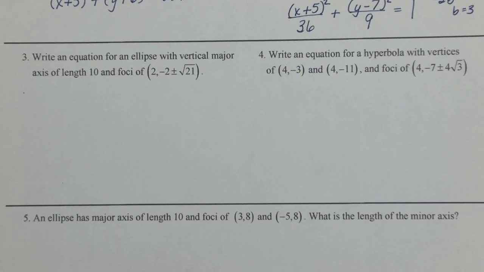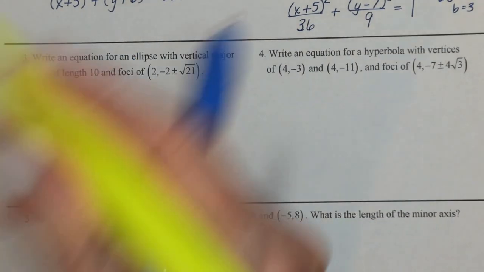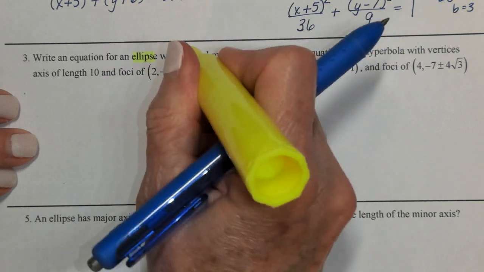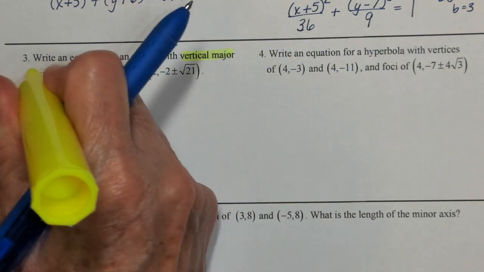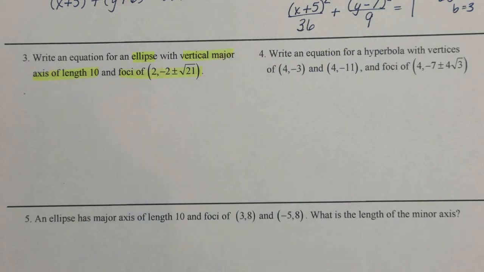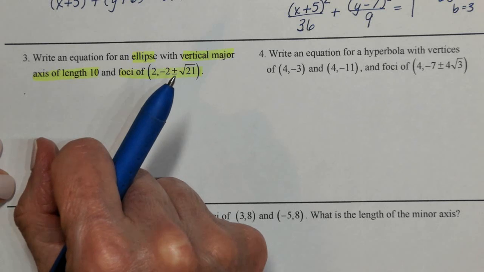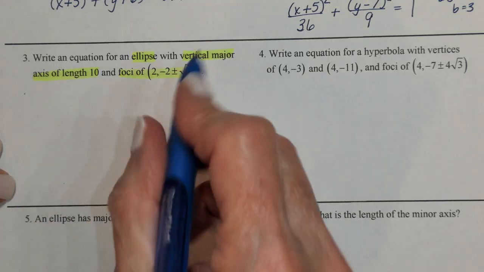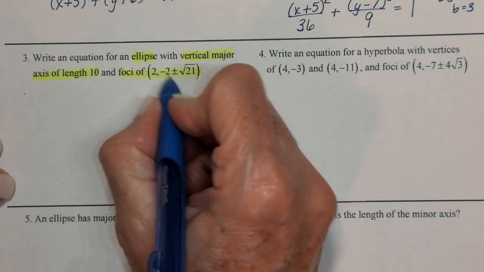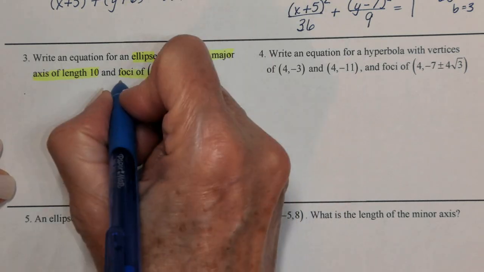Okay, what if they ask us for an equation of an ellipse with a vertical major axis of length 10, and they give us the foci? Well, we can do part of this. If they give me the foci in this form, I can immediately see what the center is.